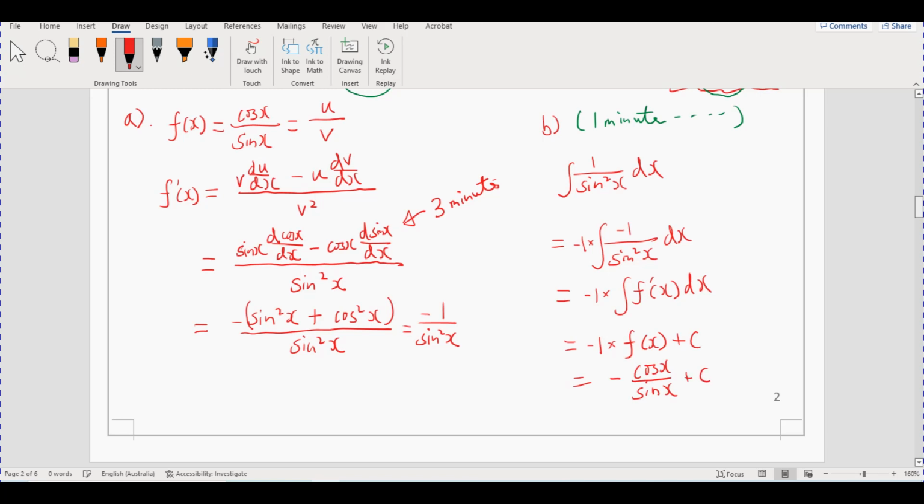That's it. Just try to accommodate that minus inside the integral sign to make it a derivative, but by doing so, I have to do something to counterbalance that effect outside the integral sign. That's the technique you need to learn.